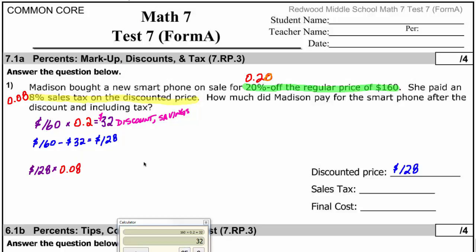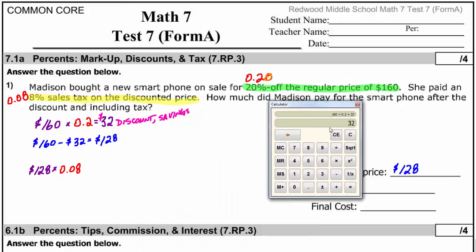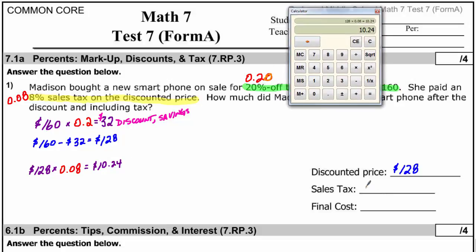So let me get rid of that arrow. And we're going to take the $128, multiply that by the 8%, and that gives us $10.24. And that is the amount of sales tax, $10.24.